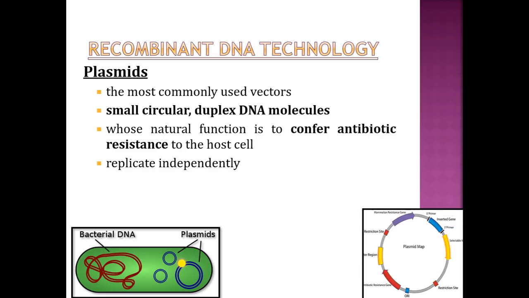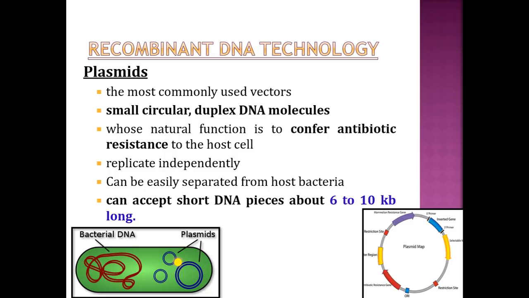The important thing about the plasmid is that it replicates independently of bacterial cell division, and it can also be easily separated from the host bacteria. So these are the important characteristics. Because of that, plasmid is an ideal vector for recombinant DNA technology.